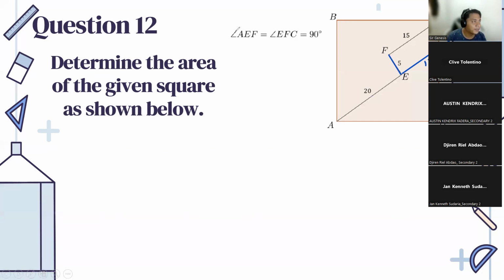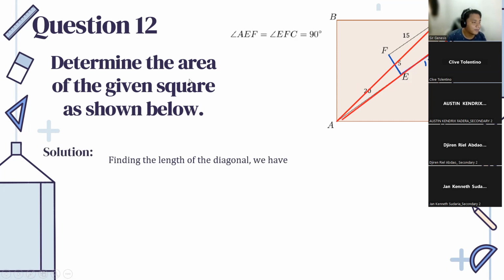Now, since the question needs to find the area, we can just create this triangle, right? This one. So that will just be finding the diagonal. How do we solve for AC?